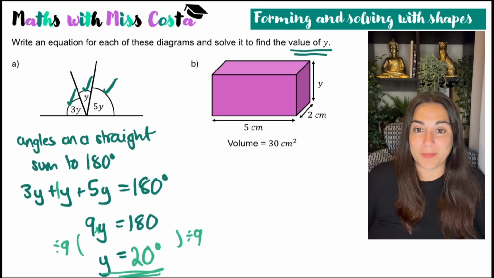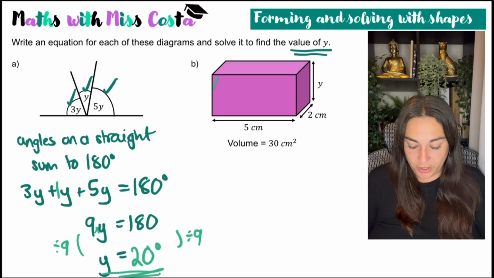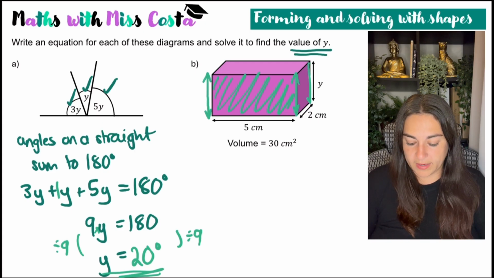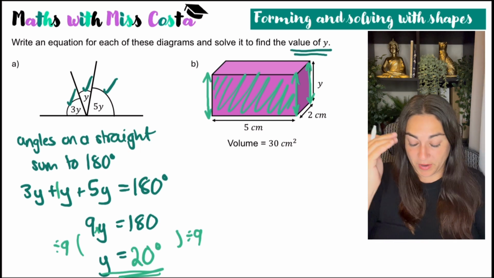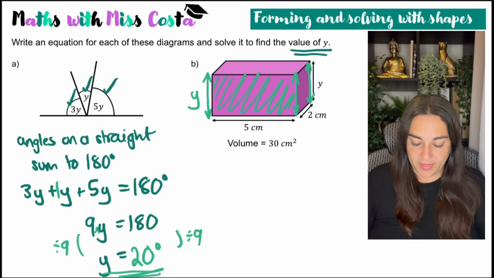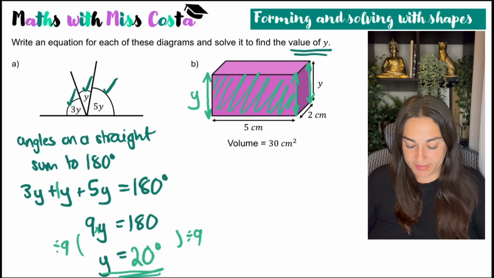Now volume, if you remember from the last unit, the volume is the area of the cross section times by the depth. So this line here is going to be y, because in all 3D shapes, the same lengths in different parts are going to be the same. So that length is y, the height of the shape is y.